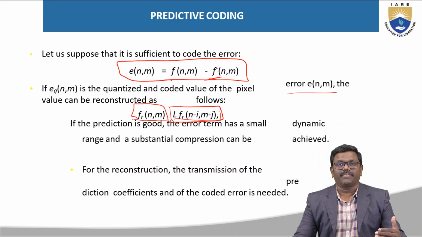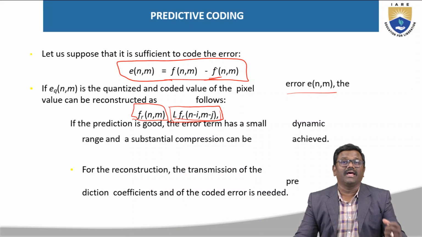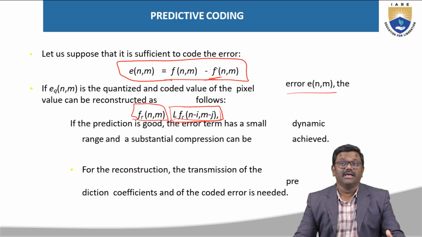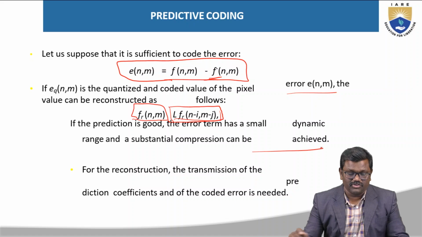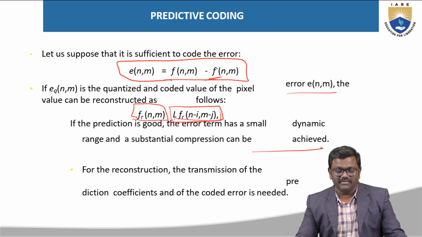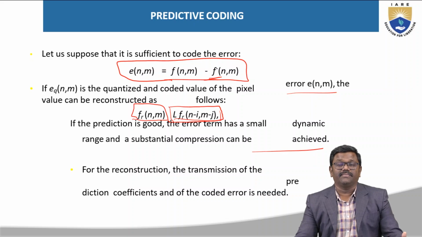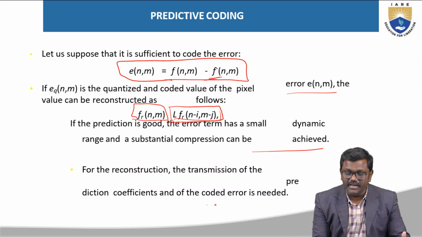If the prediction is good, the error term has a small dynamic range and substantial compression can be achieved. For the reconstruction, the prediction coefficients and the coded error are needed.